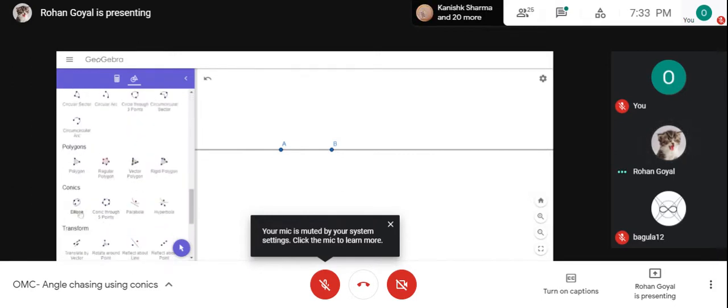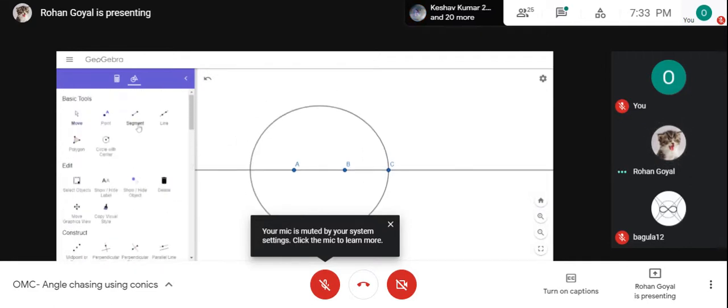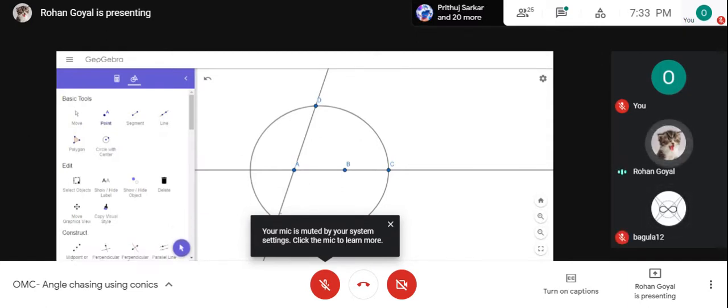Now I take a chord passing through it. Fine, this is a chord, a chord of the ellipse. Like DE is a chord of the ellipse.